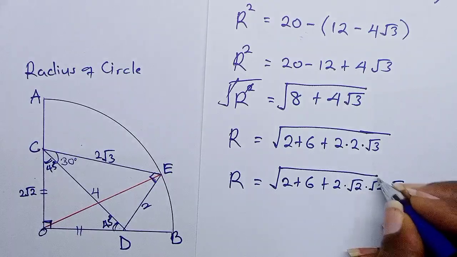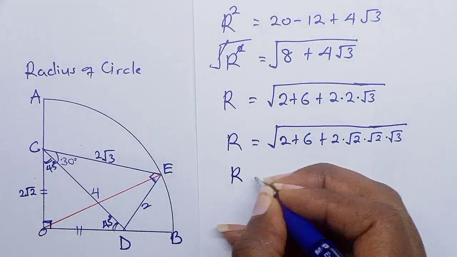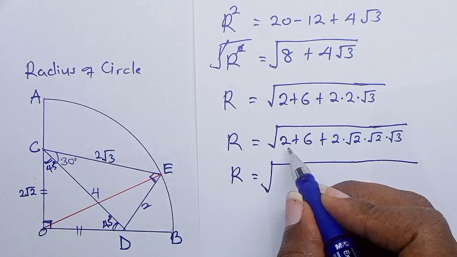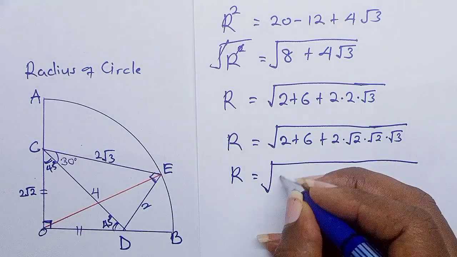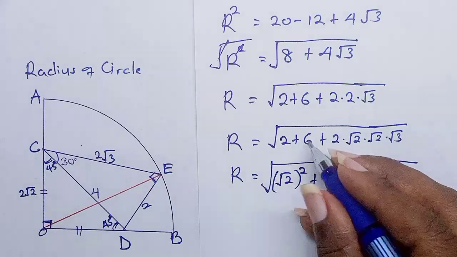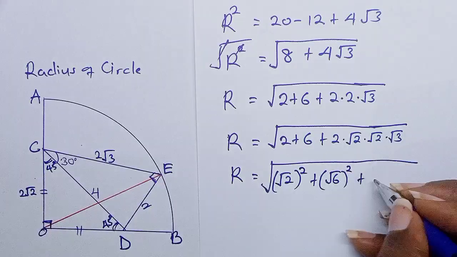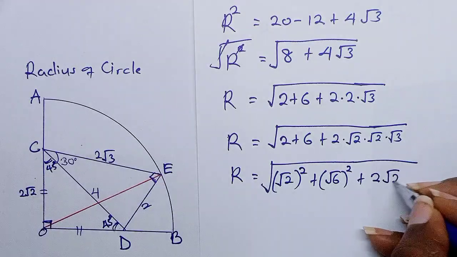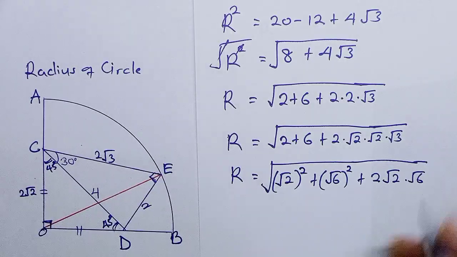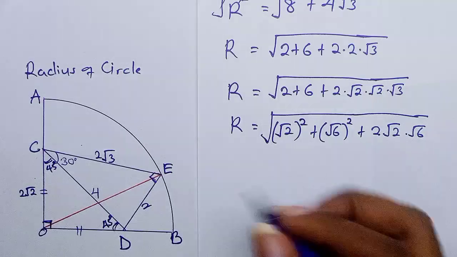Then times root 3. Okay, so R is equal to square root of 2, which is the same as root 2 squared, then plus 6 is the same as root 6 squared, then plus 2 root 2 times root 3 gives us root 6. We are trying to expand that to get identities, okay?